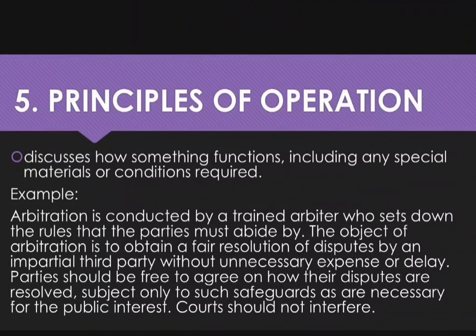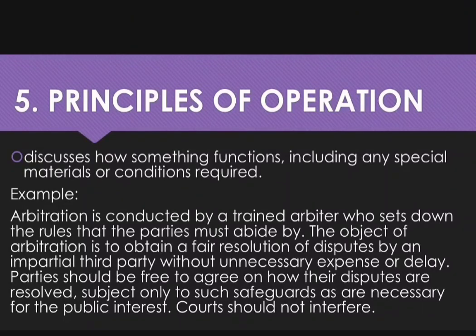Just like what we have in our example, arbitration is conducted by a trained arbiter who sets down the rules that the parties must abide by. The object of arbitration is to obtain a fair resolution of disputes by an impartial third party without unnecessary expense or delay.